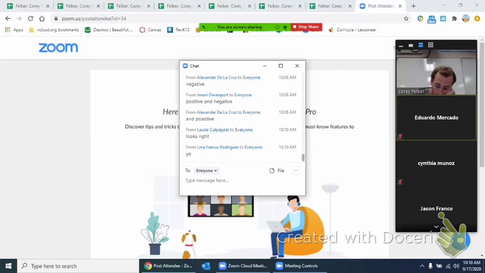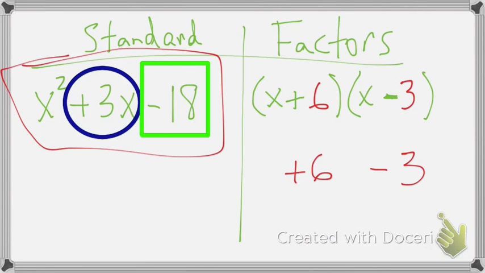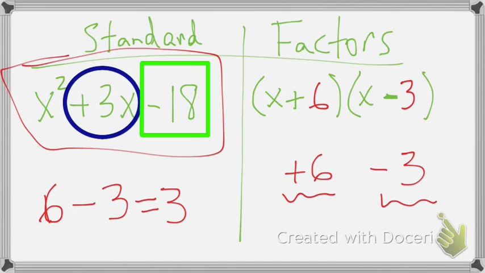Yep. Because if you think about it now, we're basically doing 6 minus 3 to get the middle, because we had the positive 6 and the negative 3. So if you do 6 plus a negative 3, that's like saying 6 minus 3, which gives us 3, which is what we wanted.